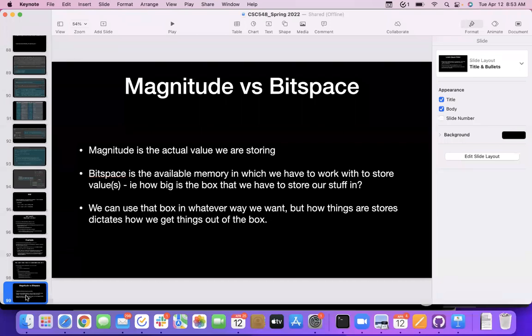But if I only need to store the number 100, or only the number 1 billion, I'll need most of those bits. If I'm going to store the number 75, I'm only going to need the first 8 bits, let's say 7 bits I can get away with, but 8 bits.